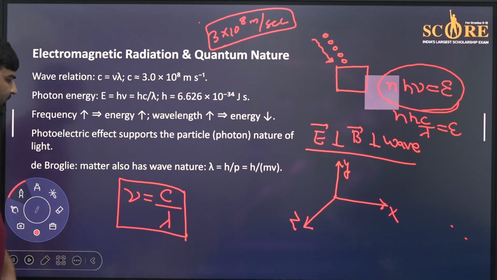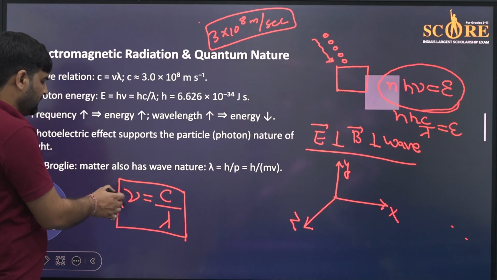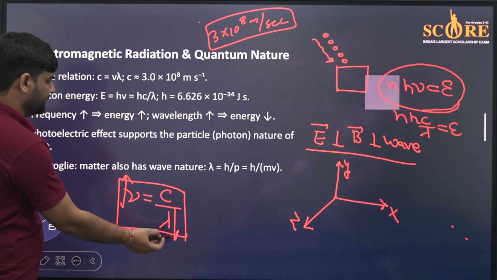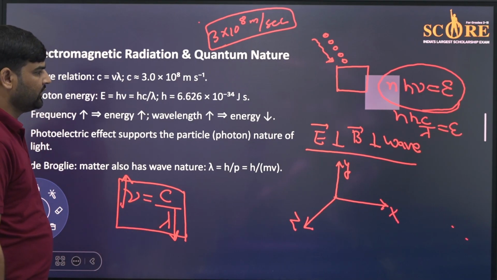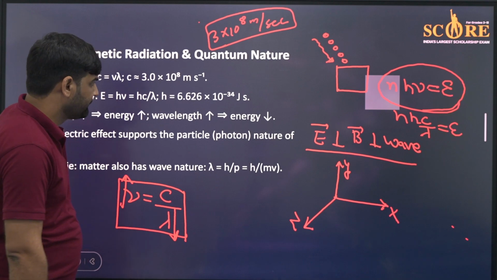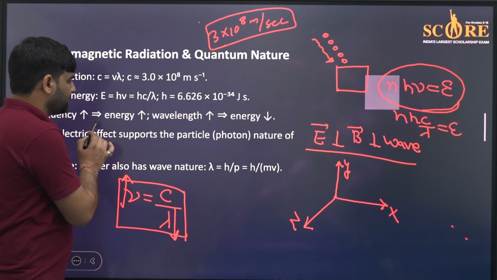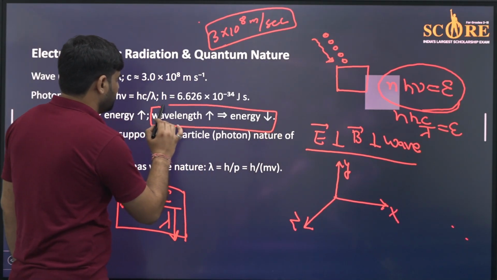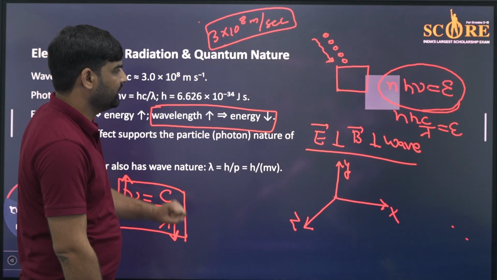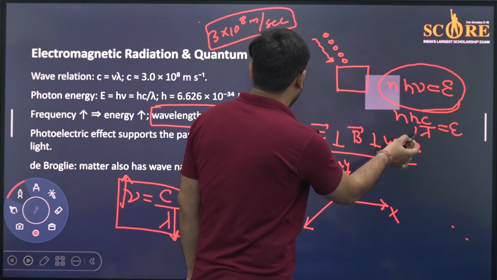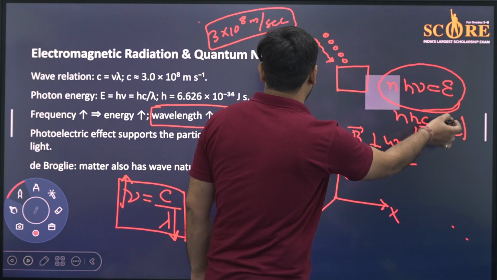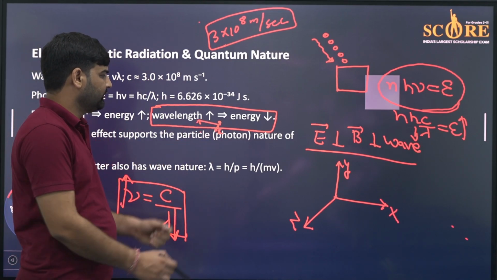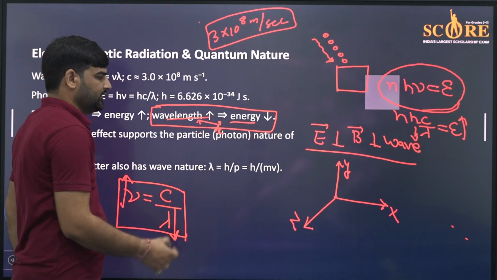According to this, if frequency increases, then lambda decreases, and if wavelength decreases, energy increases. It means opposite relation between wavelength and energy.